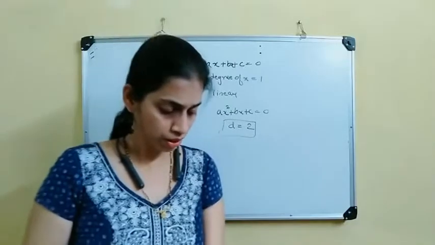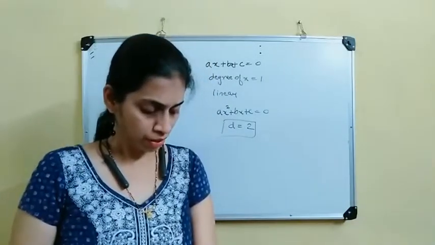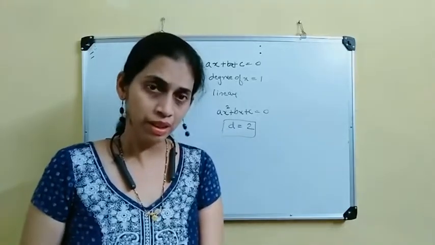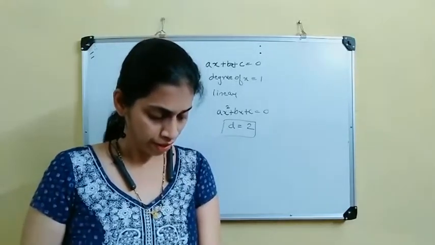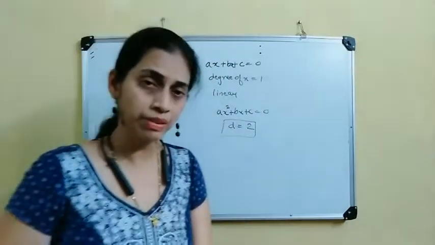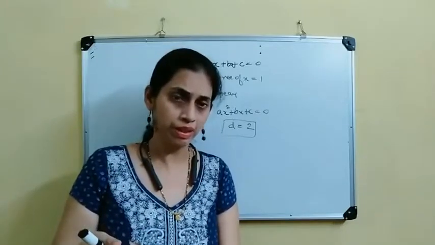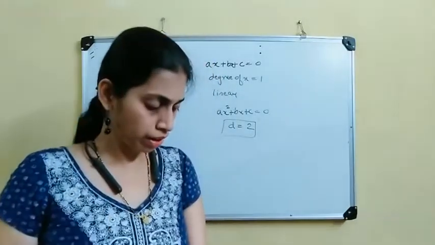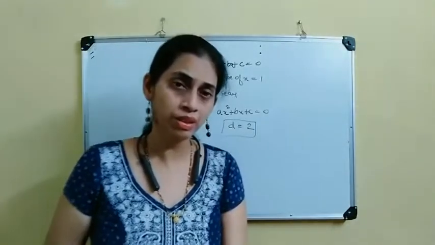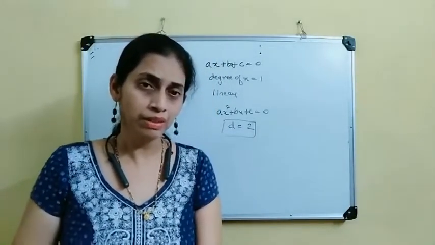Further, we are going to learn to find the zeros of a quadratic polynomial or the roots of a quadratic equation. Correct? Herein there are certain methods which we are going to consider as we proceed. The third part we are going to study under quadratic equations is the different methods of solving this equation.